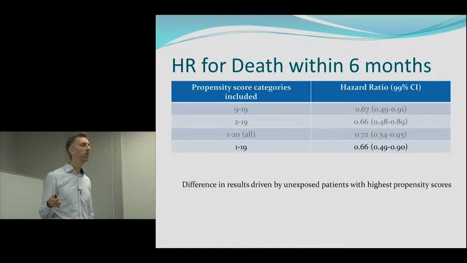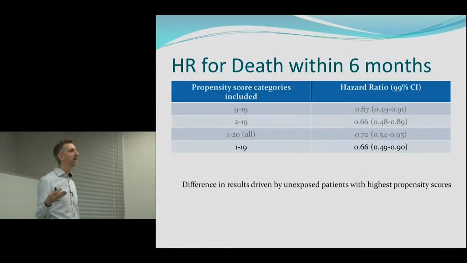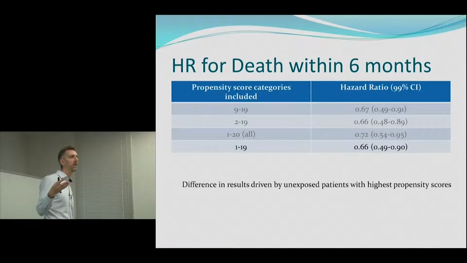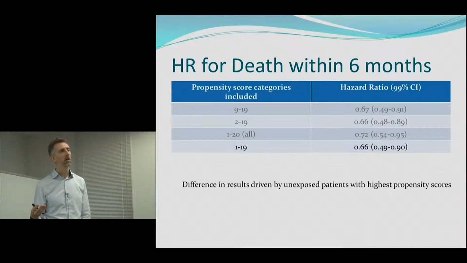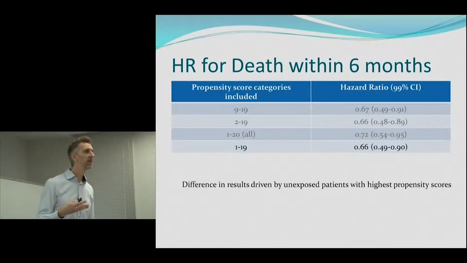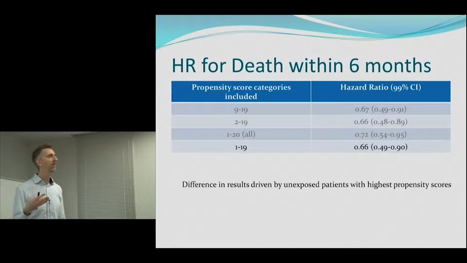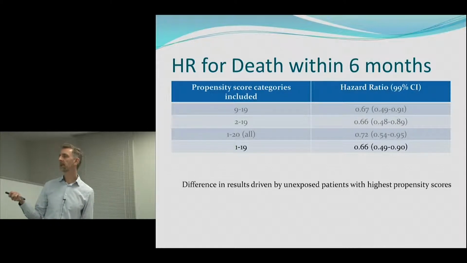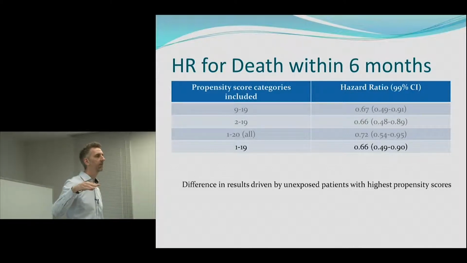So our conclusion was that there seemed to be potentially some protective effect of taking a statin if you get pneumonia. Obviously you would expect that people who are taking statins have a protective effect against death anyway, because we know from trials that statins protect you from death. This effect of 0.66 or 0.67 is a bit stronger than you would expect from trials.